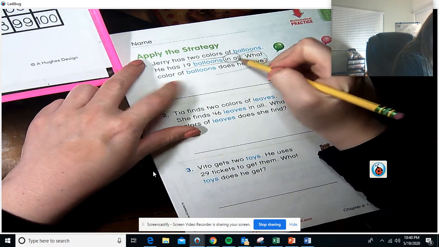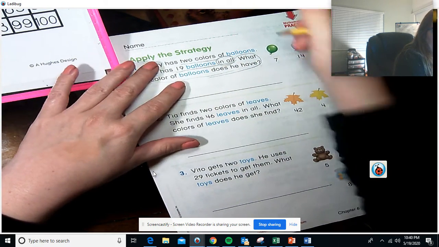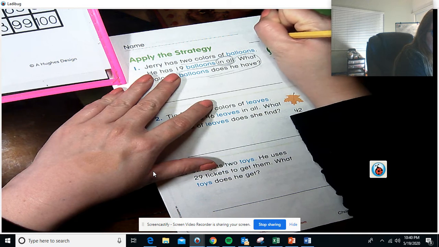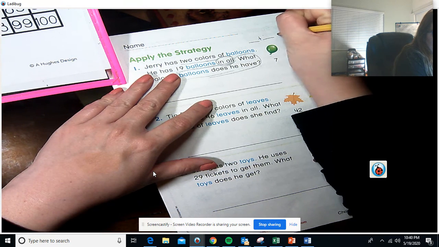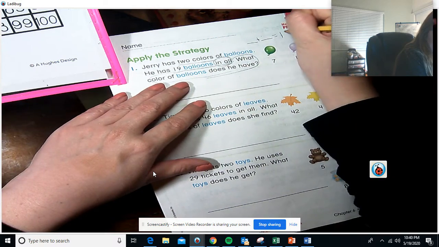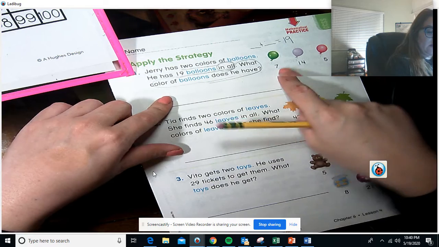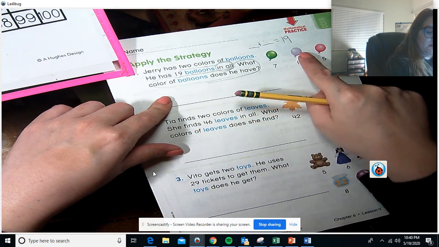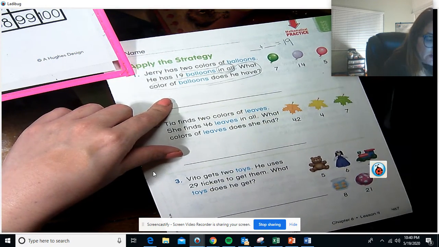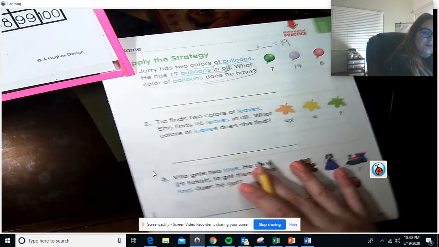So this is similar to the other ones that we were doing. So we want to figure out what plus what equals 19 balloons in all. Okay, so there were 7 green balloons, 14 purple balloons, and 5 red ones. Yeah, I think that's red or pink.